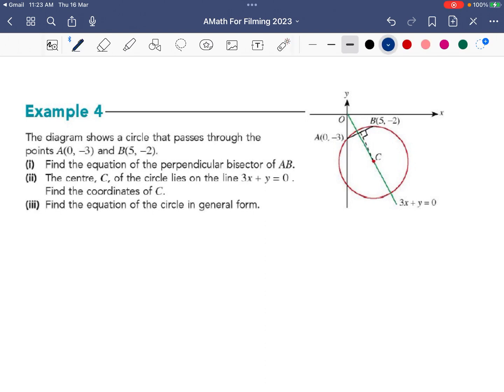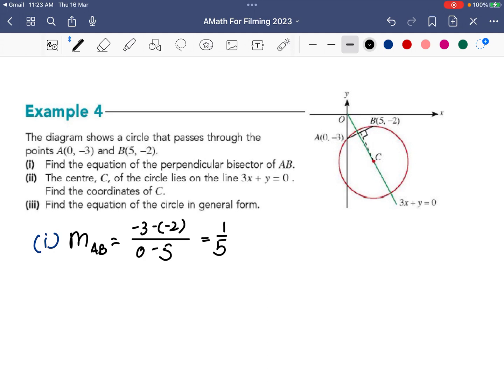So first and foremost, I find the equation of the perpendicular bisector of the chord. First I find the gradient of the line AB. So y2 minus y1 divided by x2 minus x1. So what I get is the gradient of AB is 1/5.